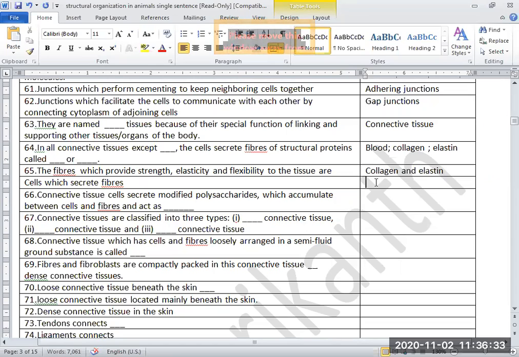Cells which secrete fibers, what do you call them? Fibroblast cells.